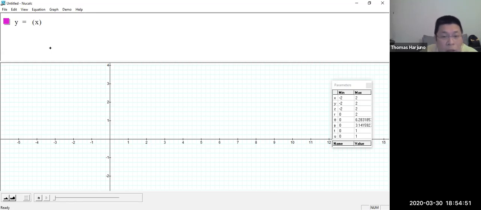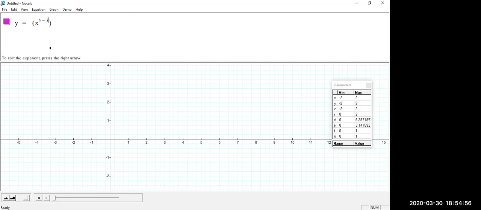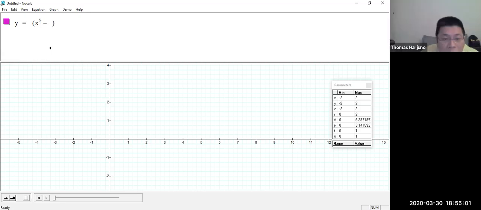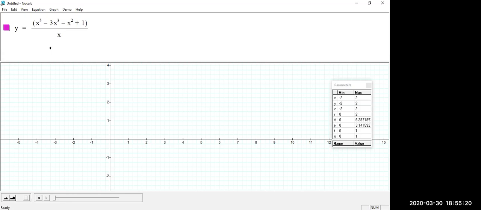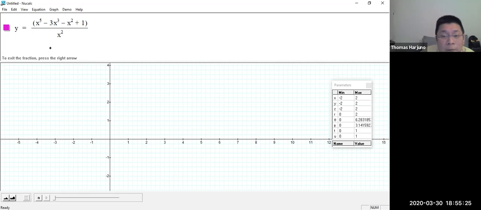That will be x to the 5th minus 3x cubed minus x squared plus 1 all over x squared minus 3.